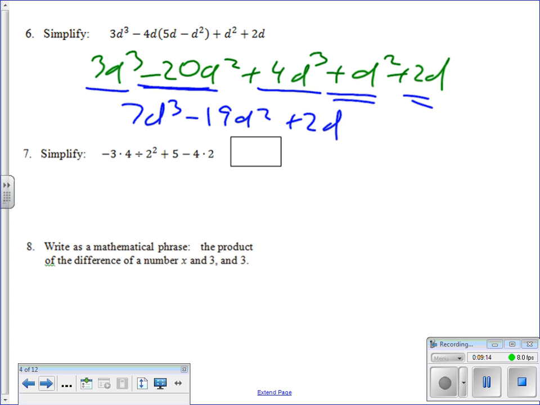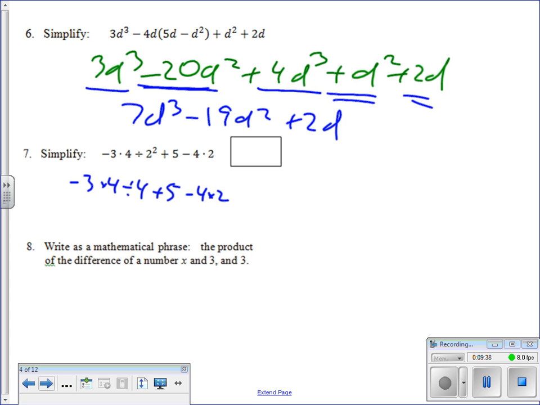Okay. Next one. Order of operations. First thing I do is do the exponents. Negative 3 times 4 divided by 4 plus 5 minus 4 times 2.